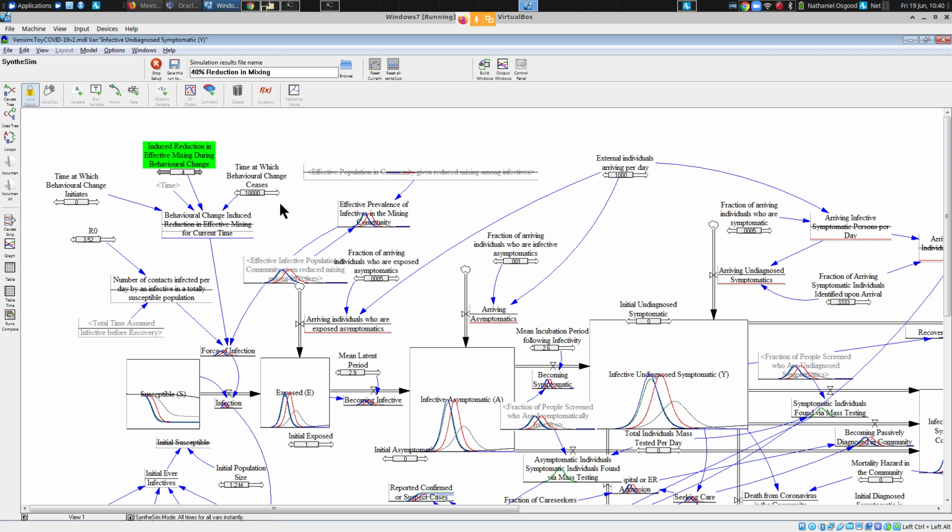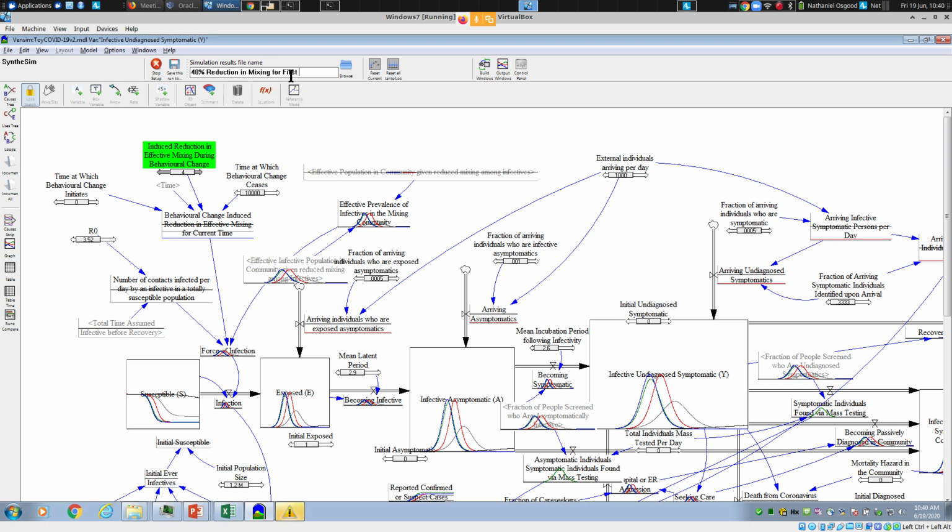Well, let's leave it at this same 40% change, but you'll see there's this parameter, time of behavioral change ceases. We're going to start using that. So I'm going to say 40% reduction in mixing for the first 4 months, okay? First 4 months.